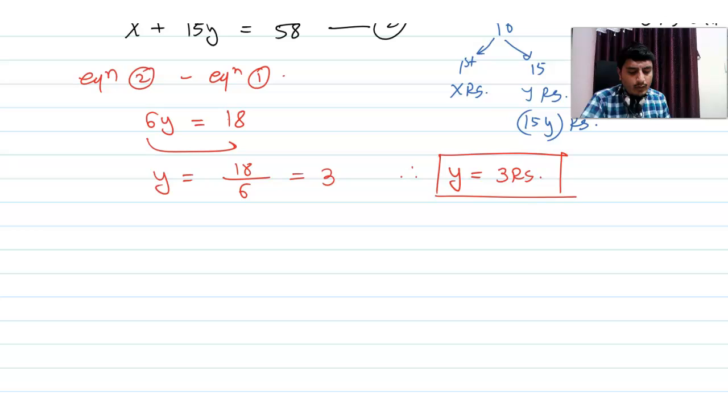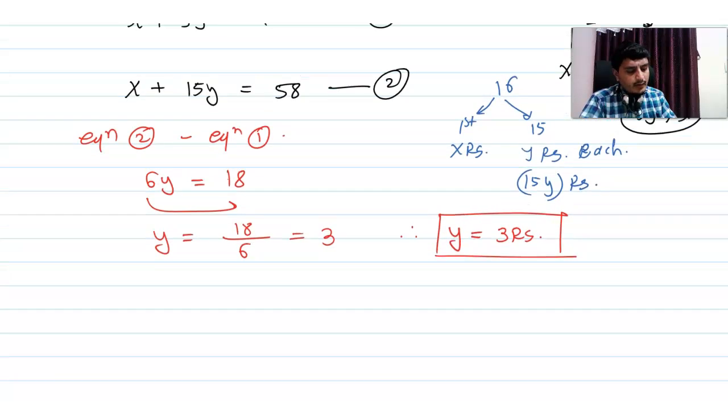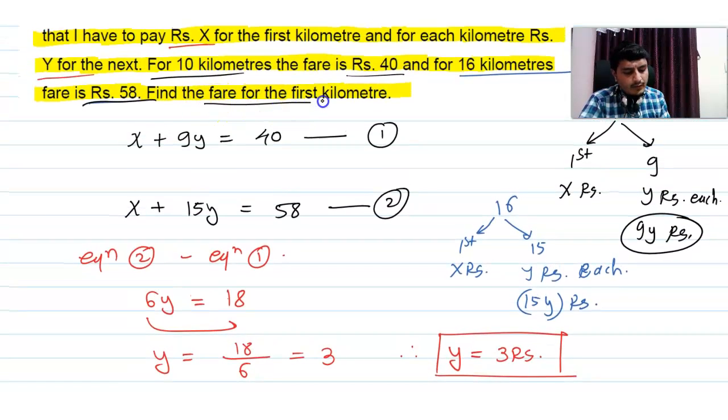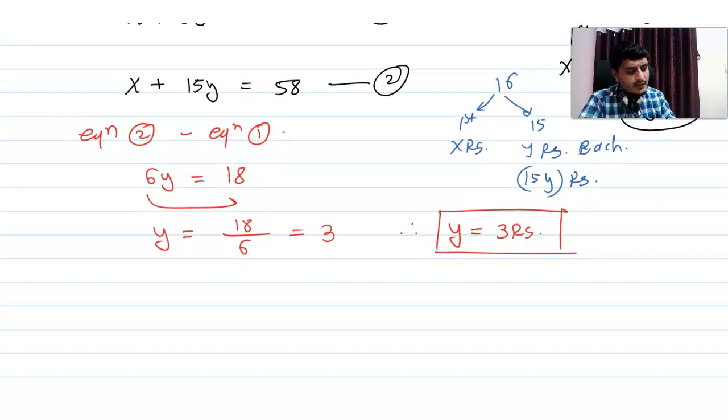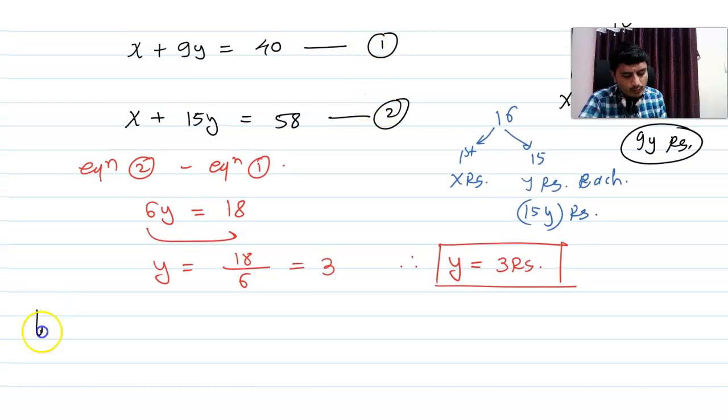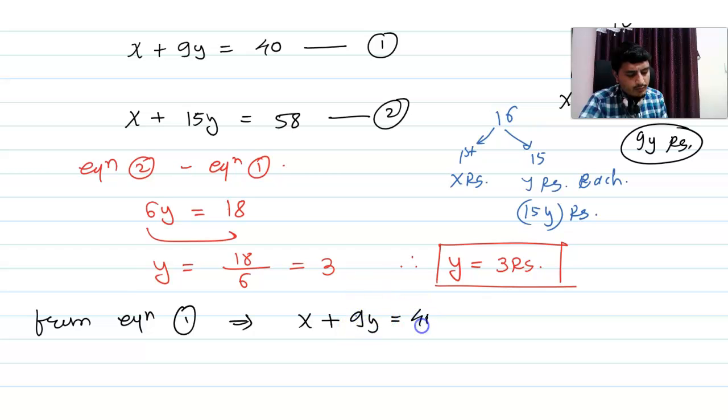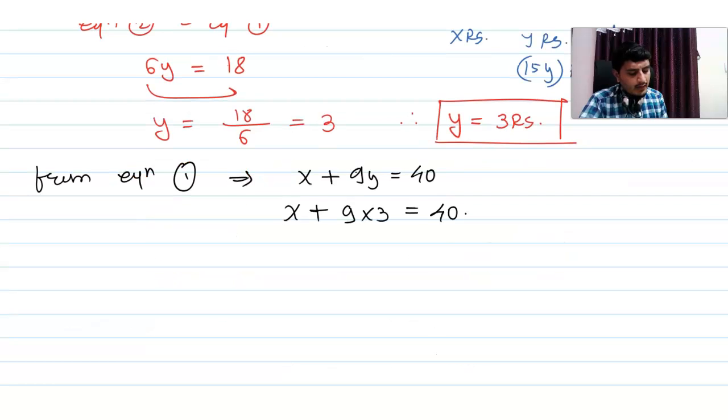Now we have to evaluate the value of x, because we need the fare for the first kilometer. Let us put the value y equals 3 in either equation 1 or 2. I am choosing equation 1. Equation 1 is x plus 9y equals 40. The value of y is 3, so x plus 9 into 3 equals 40. 9 threes are 27.